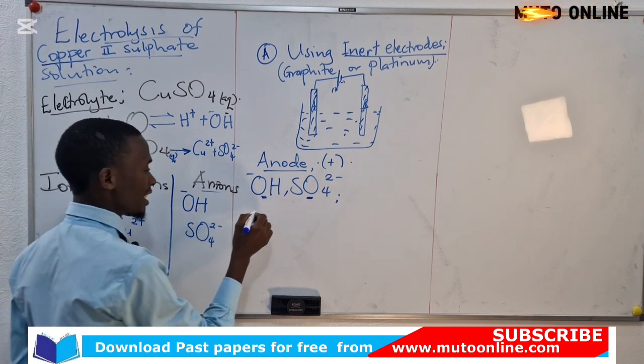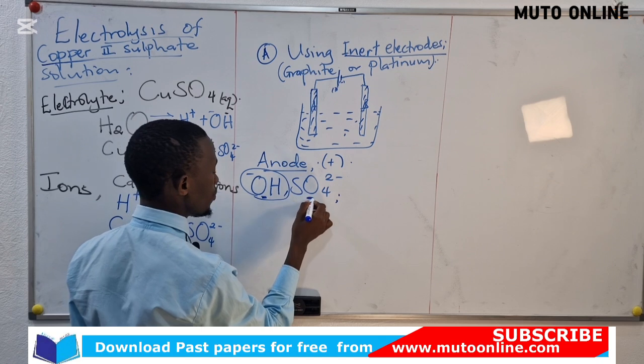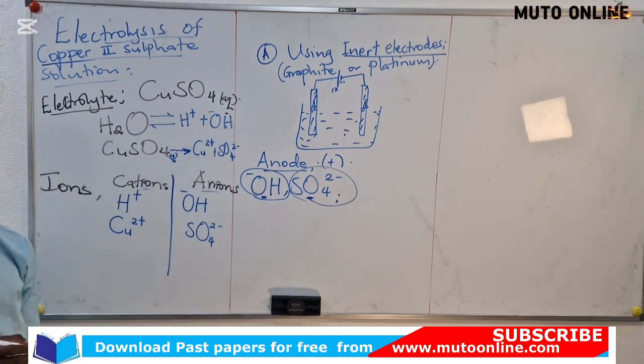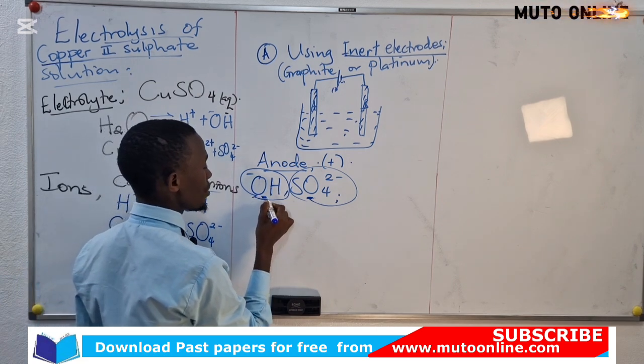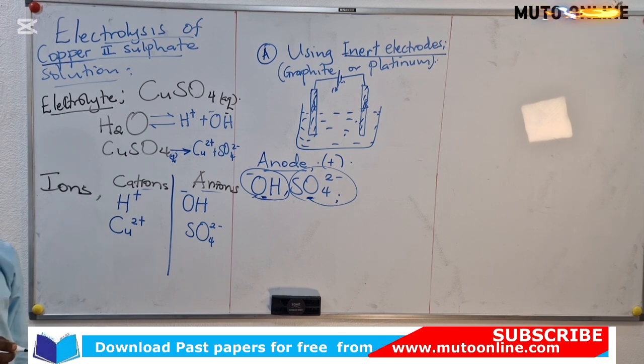And we shall find that it's the hydroxide ions that will be discharged in preference to the sulfate ions. Why? Because the hydroxide ions are less reactive compared to the sulfate ions.